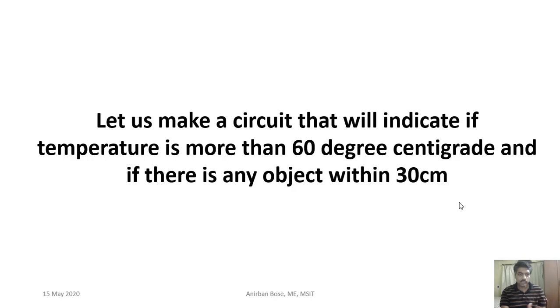If it is more than 60 degrees, we will turn on a particular indicator, say an LED, and if it is less than 60 degrees, it will be off. Similarly, if any object is within 30 centimeters, then we will turn on an LED, and if it is more than 30 centimeters, then the LED will be off. Suppose we want to do this particular circuit. So let us see how we can do that.